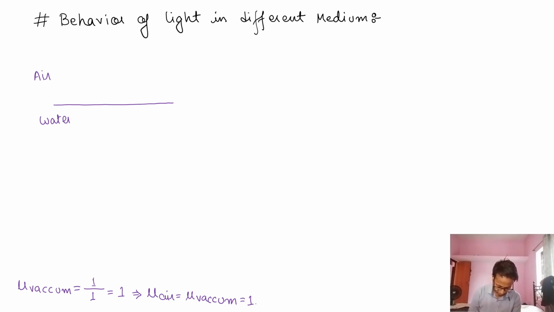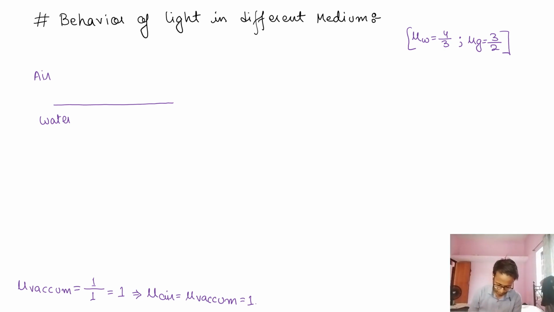Now I know the average refractive index of water is 4/3 until and unless specified in the question. Average refractive index of glass is 3/2, and the refractive index of different materials will be given in the question itself.